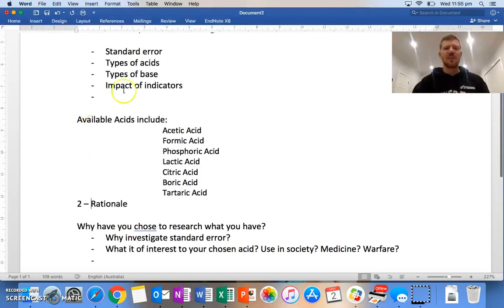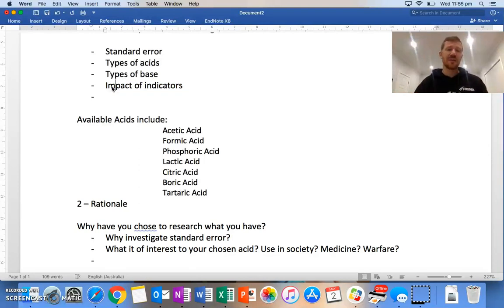Okay. The other ones I had were types of base. You could flip it. Instead of trying to find an unknown acid, you could use an acid to find an unknown base. Okay, and instead of a clear liquid turning pink, you could have the pink liquid turning clear. And then again, the use of indicators. Does the indicator itself cause issues?